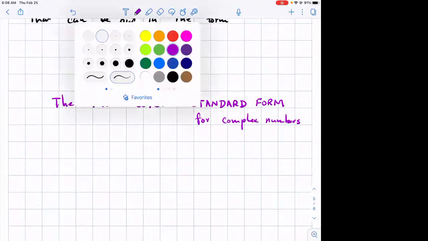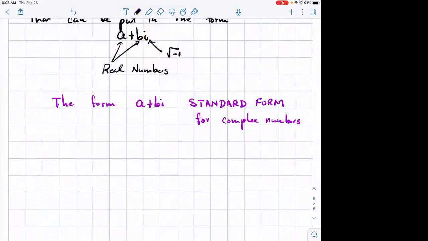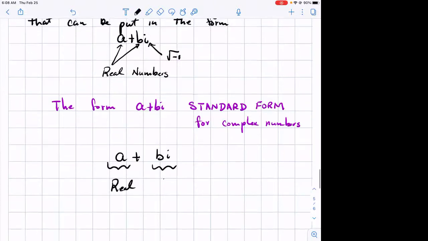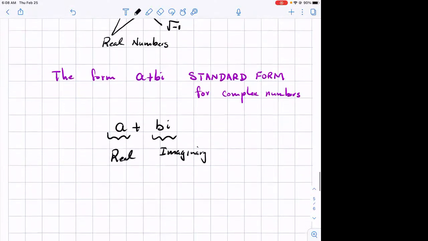So in a plus bi, this part here is the real part, and this part here is the imaginary part. A complex number has a real part and an imaginary part to it.